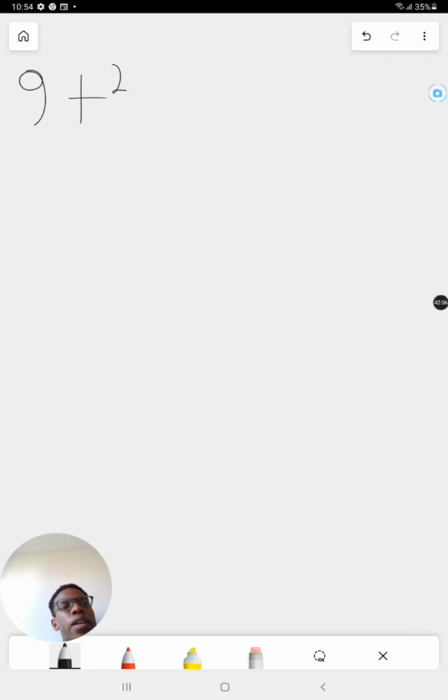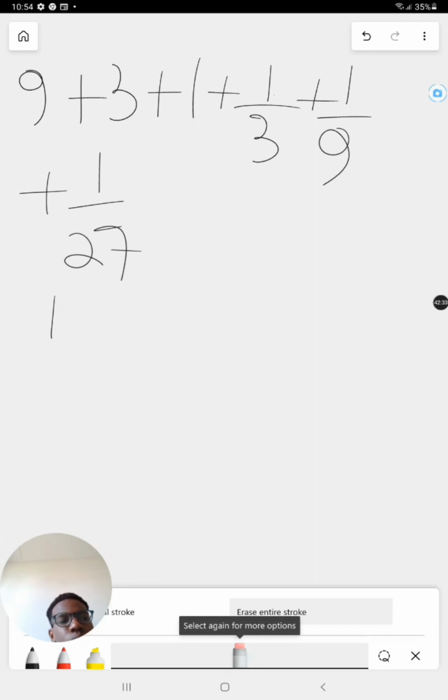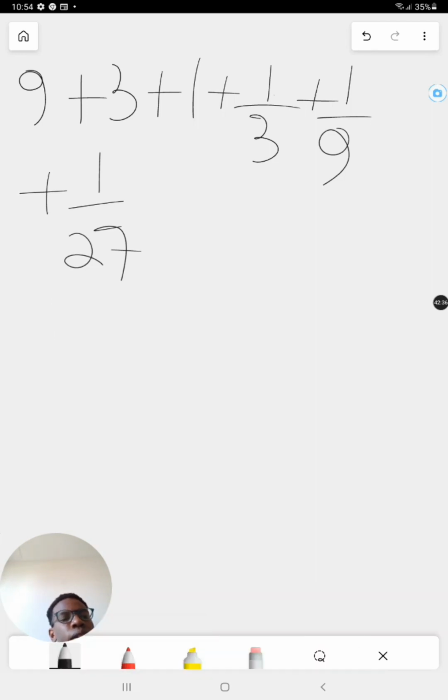We had 9, 3, 1, 1 over 3, 1 over 9, then 1 over 27, etc. Now, how do you find the sum to infinity? How do you find the sum of the first infinity terms of the series?